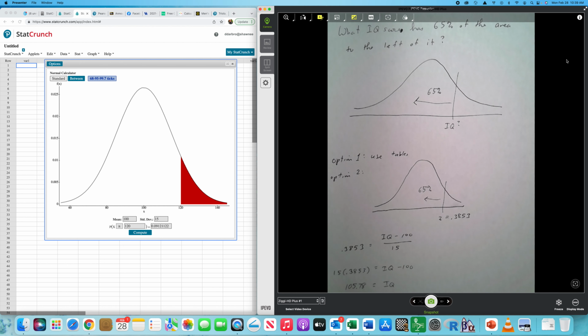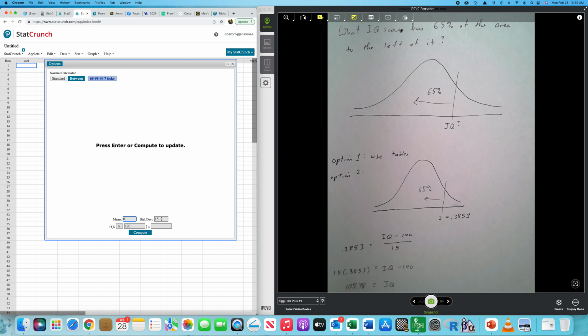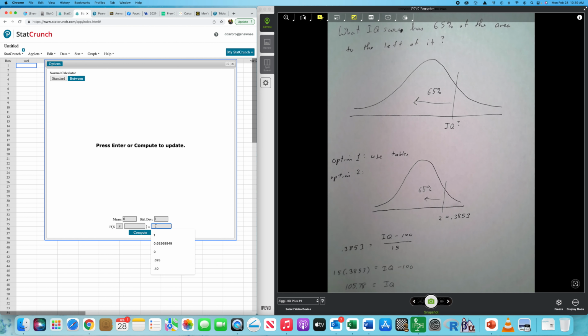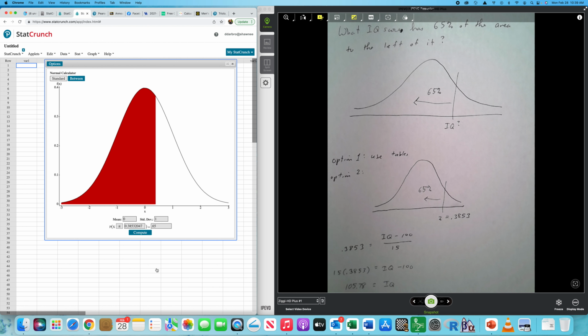You know how I feel there. Option number two would be to convert. Go to the z-scores, standard normal. I need the z-score that has 65% to the left. And I can see that's 0.3853, right?